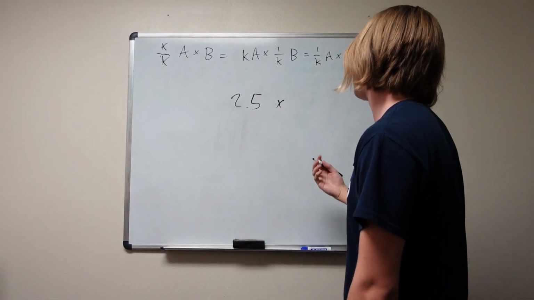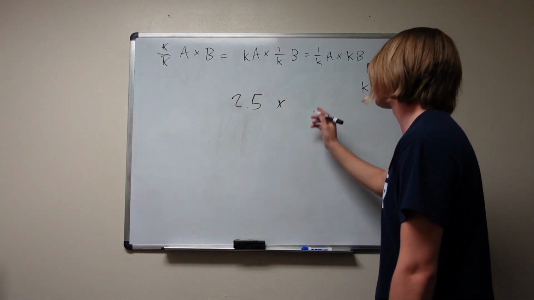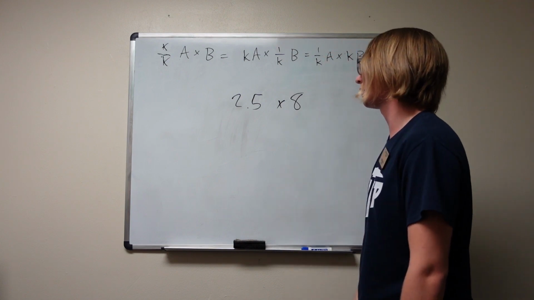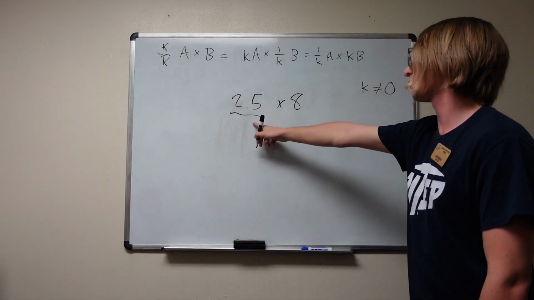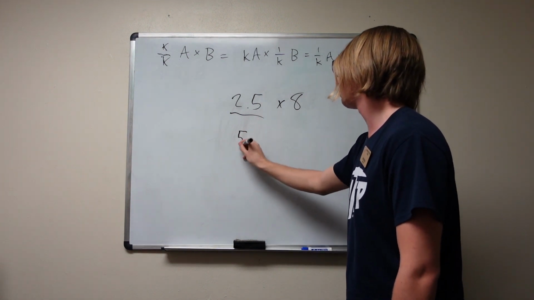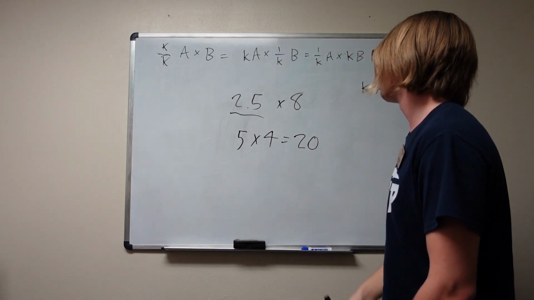So let's say you're dealing with 2.5 times 8. If you want to get rid of a decimal, well, you can multiply this by 2 and divide this by 2. So 2.5 times 2 is 5 times 4, which is 20.